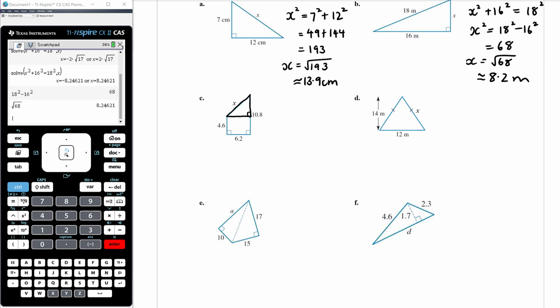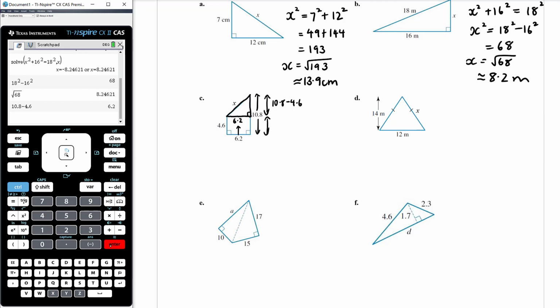Now, this horizontal length will be 6.2 because it's going to be the same as that. We know that the total height is 10.8, and we know that the height there is 4.6. And so this height here will be 10.8 minus 4.6.